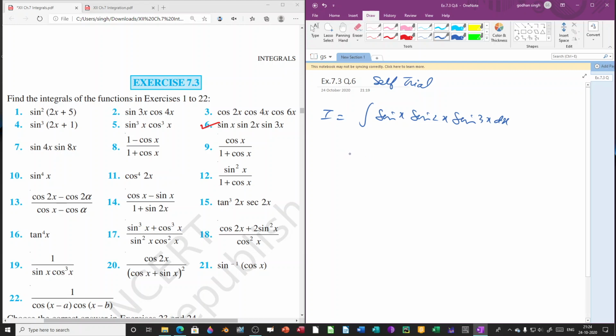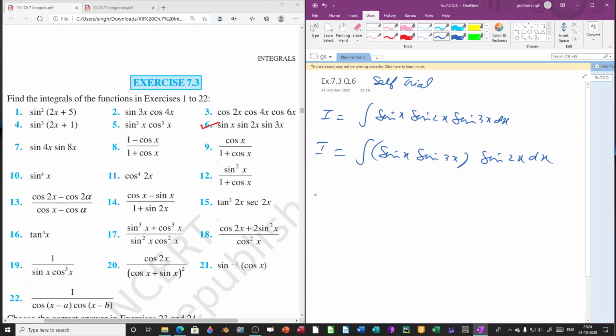Group those trigonometric functions whose variables can be combined, so we can group x and 3x together and rewrite this as I equal to integration of sin x into sin 3x, then into sin 2x separately, dx.